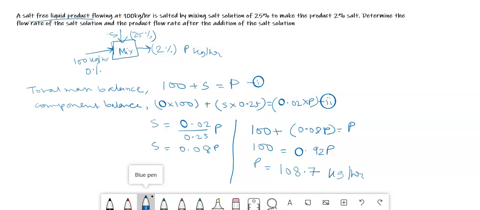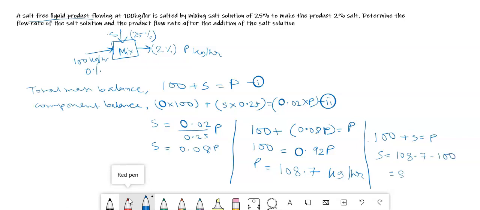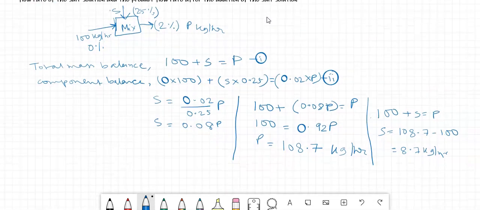This is the product flow rate, and the solution flow rate can be calculated from the first equation itself, that is 100 plus S is equal to P. S is equal to 108.7 minus 100, which is equal to 8.7 kg per hour.